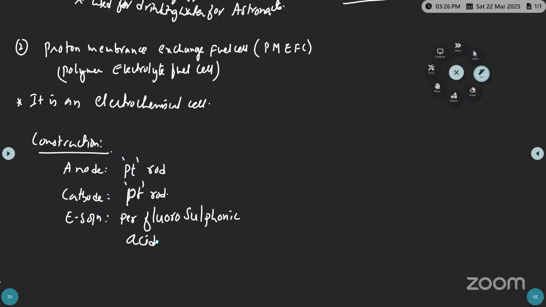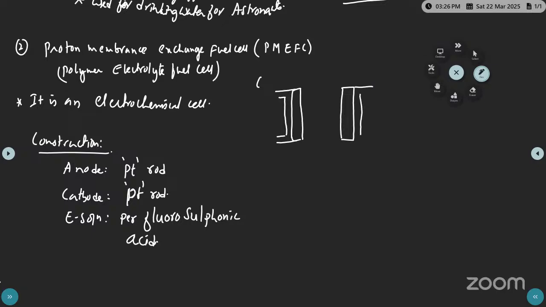So next, the construction diagram. The diagram is the same as the hydrogen oxygen fuel cell. This is a platinum electrode, and this is also a platinum electrode, and through one arrangement the fuels are entered into the electrode.